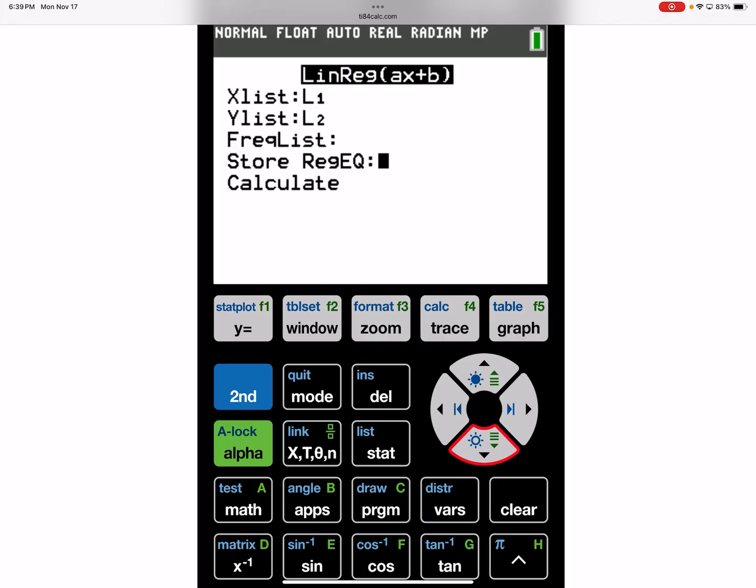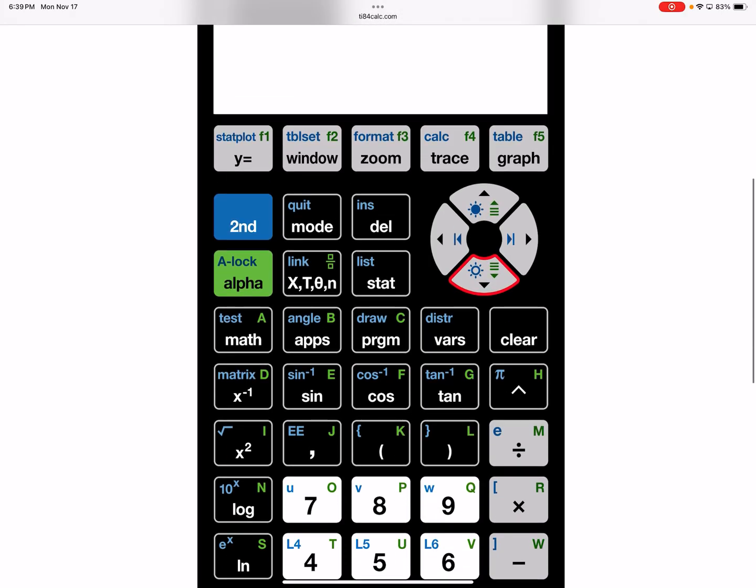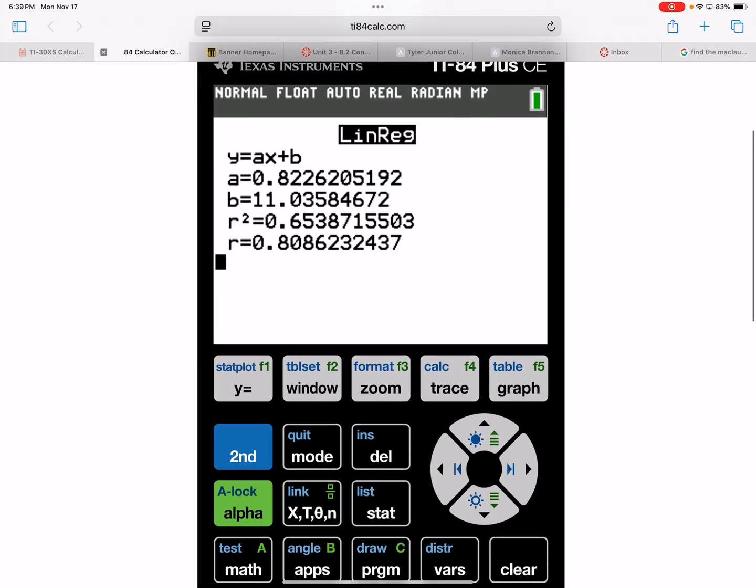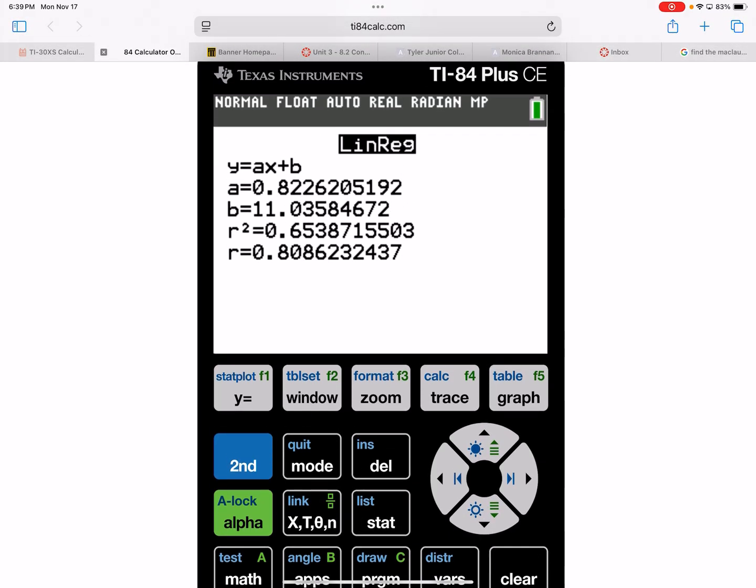If it says store regression equation, you don't want to store it. We could store it in Y1 and then graph it together, but we're not going to. Just go ahead and calculate. Hit enter, and here's what we got. They give you your linear regression. What you're looking for is just r, the correlation coefficient.